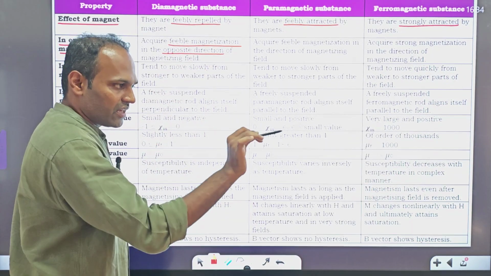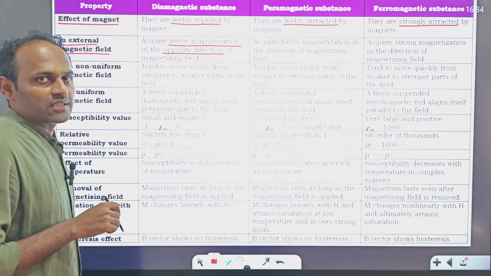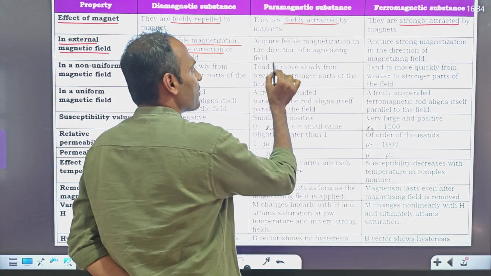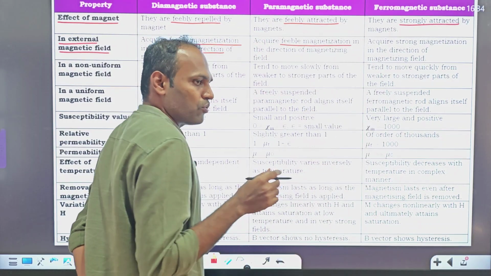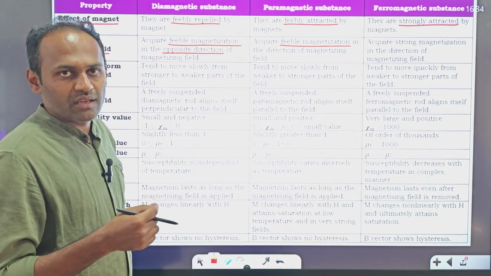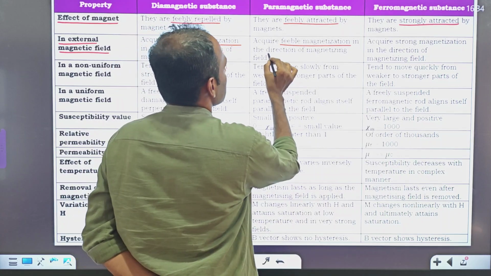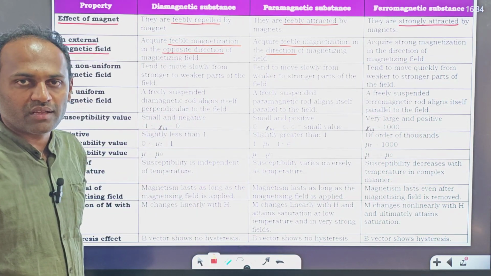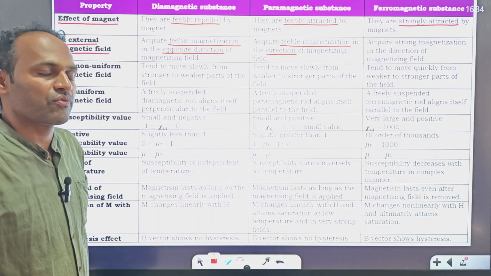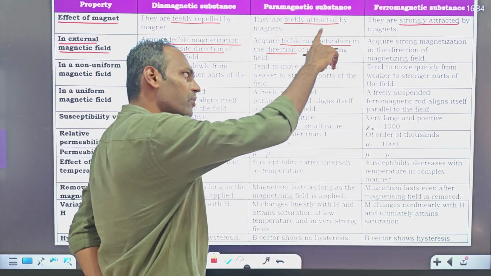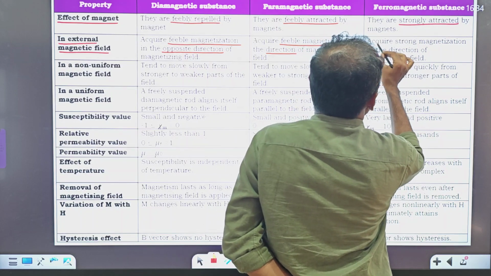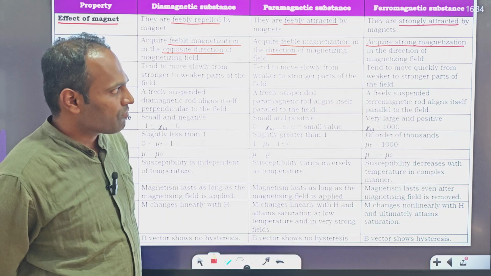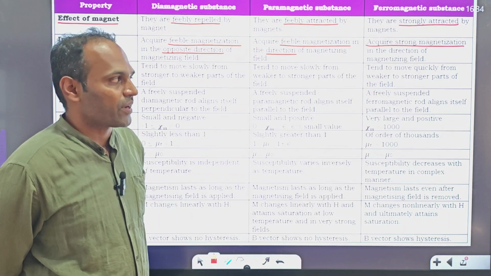Paramagnetic material will also get magnetized feebly, that is, very weakly, but it will get magnetized in the same direction as the magnetizing field. Ferromagnetic material will acquire strong magnetization in the direction of the magnetizing field.